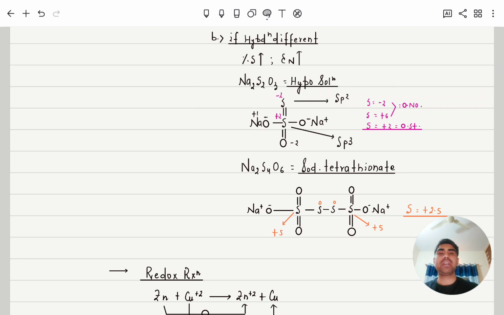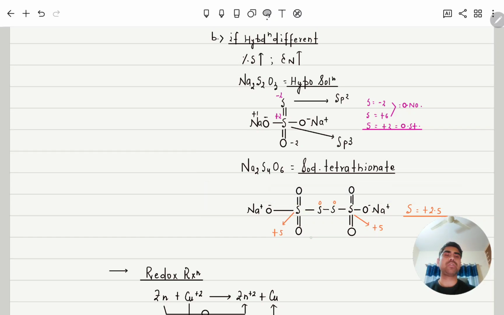Next one, you can see that when hypo solution is getting oxidized, it forms Na2S4O6, sodium tetrathionate. In that you can see this sulfur is symmetrical, both are the same atom and they have the same hybridization also. So oxidation number will be 0 because this side also the same group is attached and this side also the same. So there the residual charge will be 0. But for this sulfur we can calculate -2, -2 and -1, which means this is +5.